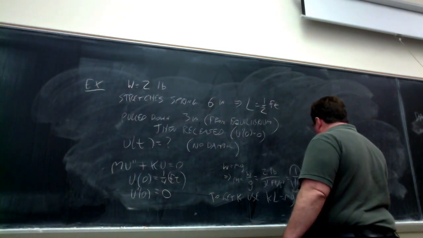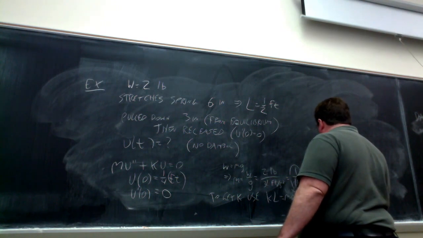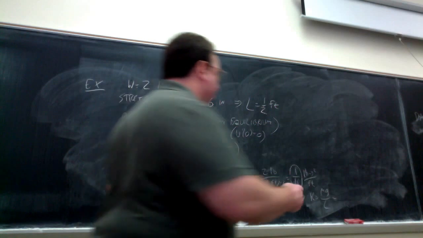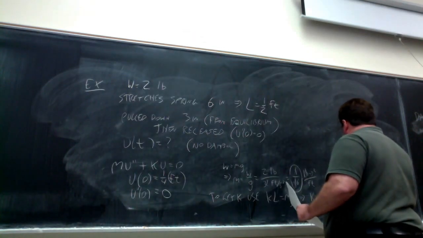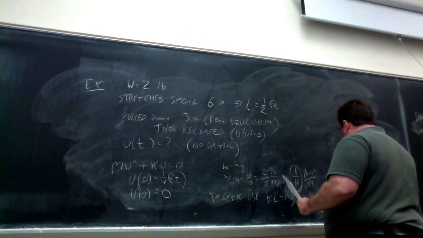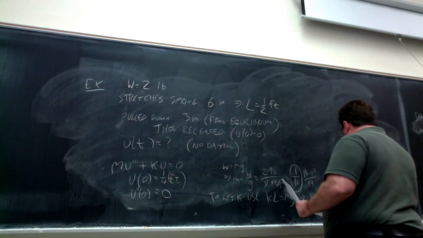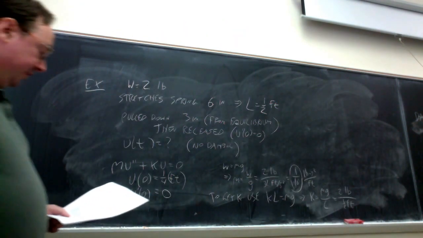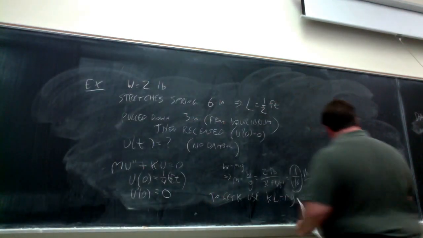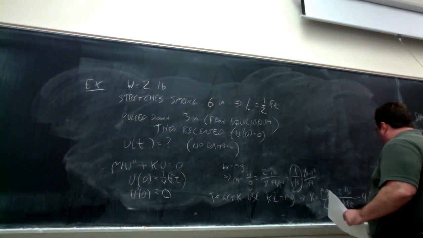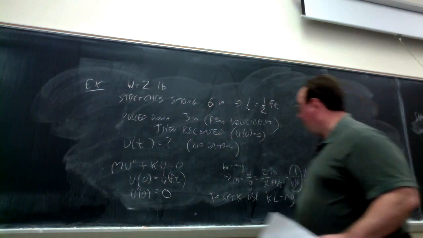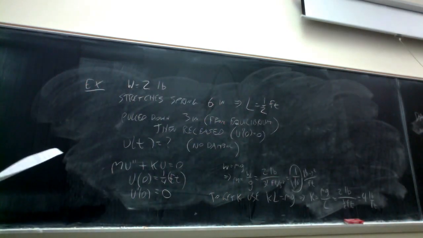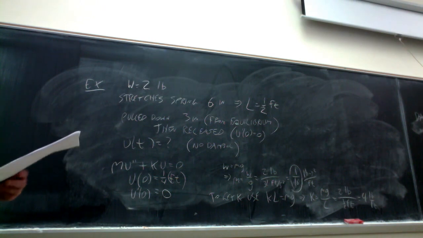So k is equal to mg over L. I can fill in 2 pounds for weight, and then half a foot for the given equilibrium length. So we get 4 pounds per foot. So now we have all of the constants.